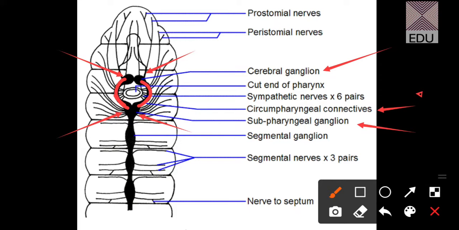So students, that was about the ring, and from the lower subpharyngeal ganglia, a ventral nerve cord arises. This is the nerve cord, and in each segment it has a segmental ganglion. This is one ganglion, this is the second ganglion, and this is the third ganglion.